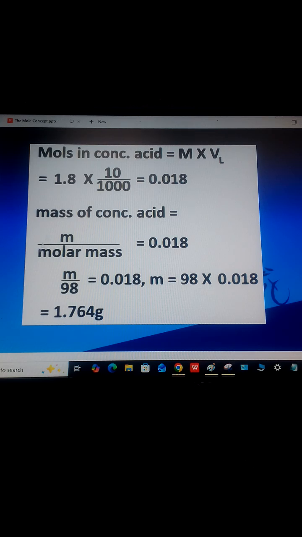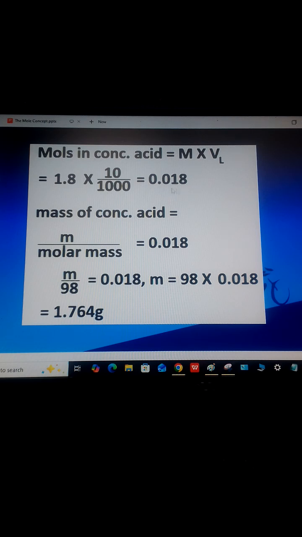Now, the number of moles in the concentrated acid is equal to its molarity times the volume in liters, V1. So the molarity, we found it to be 1.8, times the volume in liters, that is 10 over 1000. So we get 0.018.